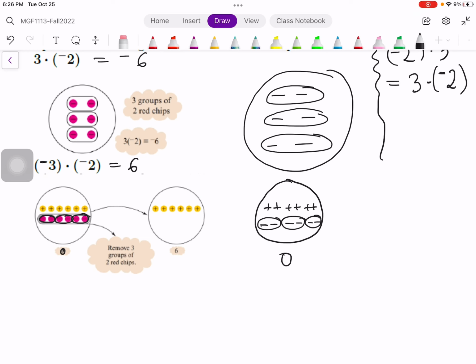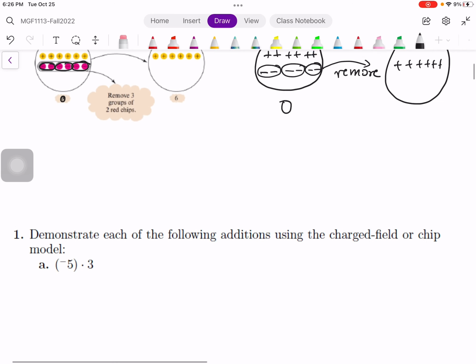That puts me at 0 at the beginning because I didn't start with anything. Now I can remove those three groups of two minuses, and I end up with 6 pluses. It's the same thing, except instead of chips I'm using pluses and minuses.